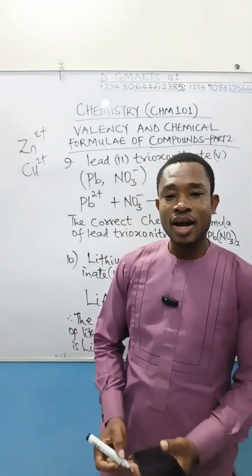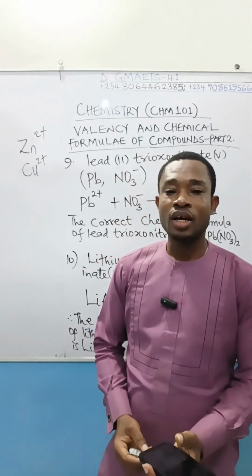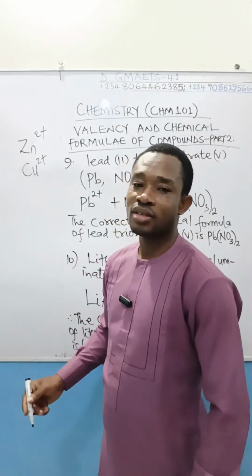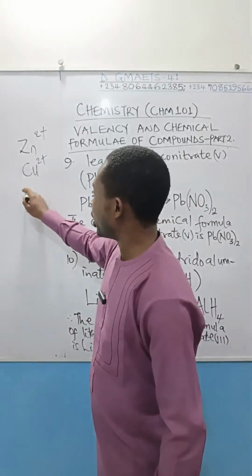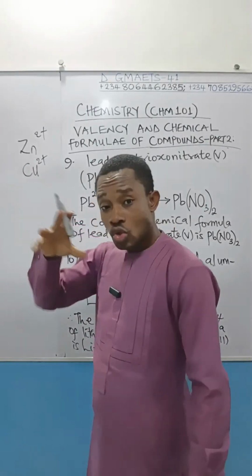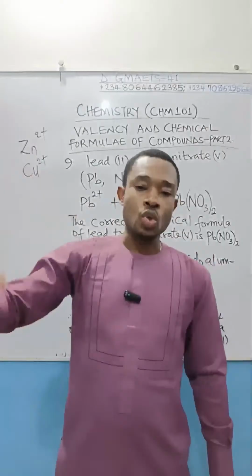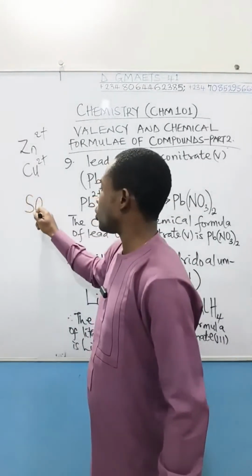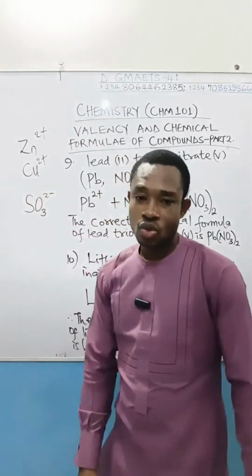How about you write the correct chemical formula of sodium trioxosulphate 4? That radical that is there, trioxosulphate 4, the valency is 2-.